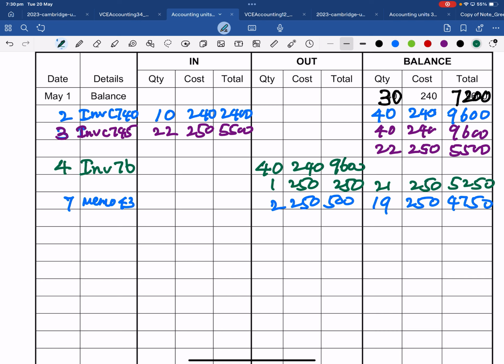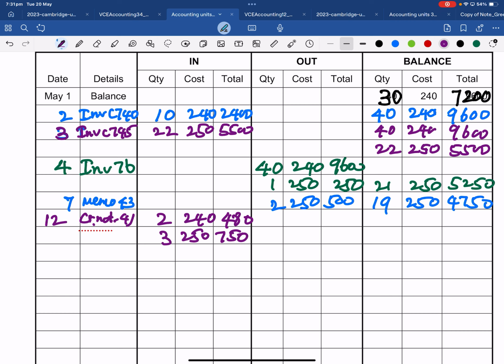Then the next one, we are getting the sales return, which is on the 12th. Credit note 41, coming in or going out? In, 2 at 240 and 3 at 250. Right?